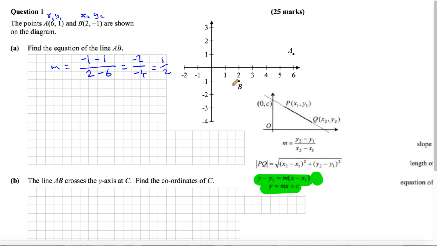So the slope of the line joining these two is a half. So I'll just draw the line in just so you can visualize the line. That's the line there.